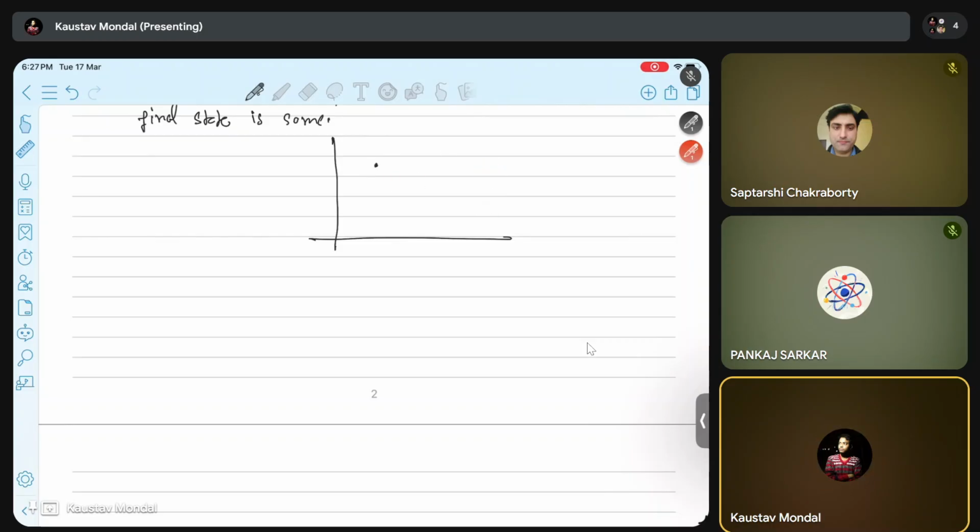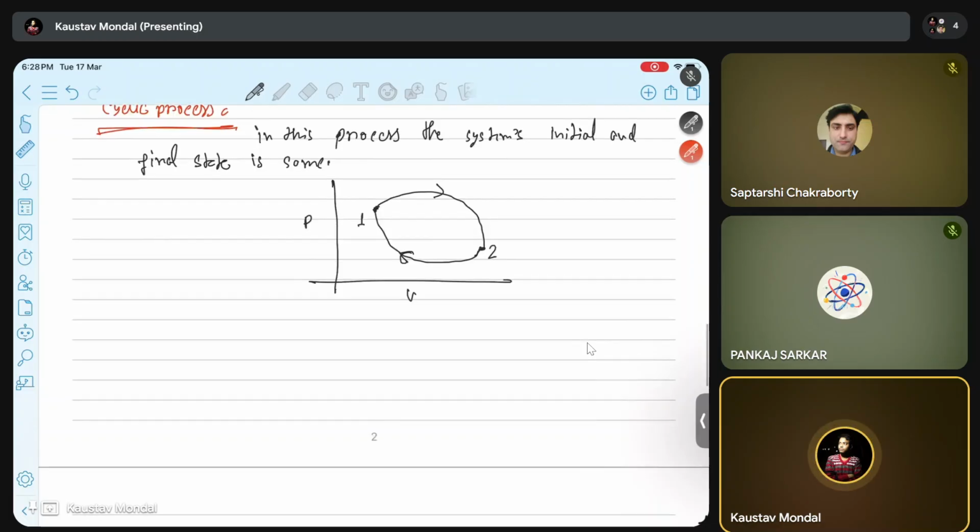The system starts from point 1, moves to another state 2, and from that state it comes back to the same state 1. As you can see, the system started from 1, and at the end it moves back to 1. So it's a complete closed cycle, known as a cyclic process.